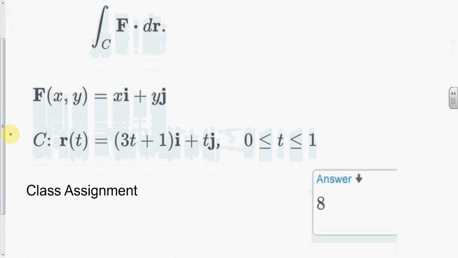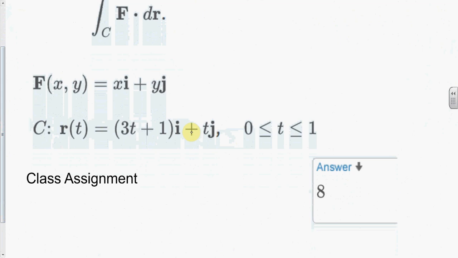Let me just work it out. We're going to keep it simple, okay? You don't separate i and j because they're both given as one path vector r. So you need to find r prime of t. You said this is 3t i plus t times j.